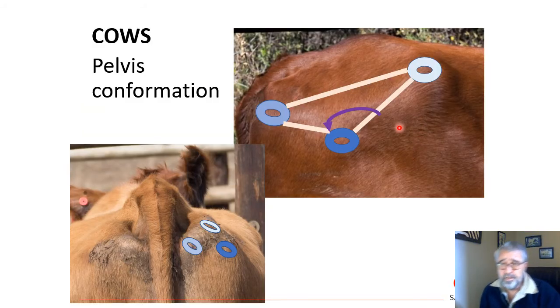This is just again what I've mentioned earlier in terms of the pelvis formation and the ease of calving. So obviously this is the hip bone and the pin and the thole, and you want that sort of sloping rump, and also this angle between the two needs to be there.